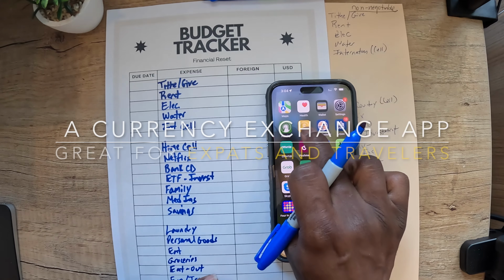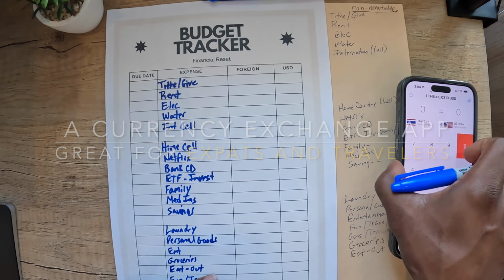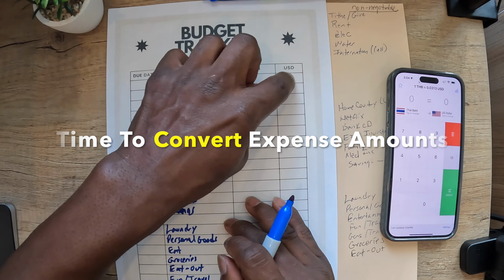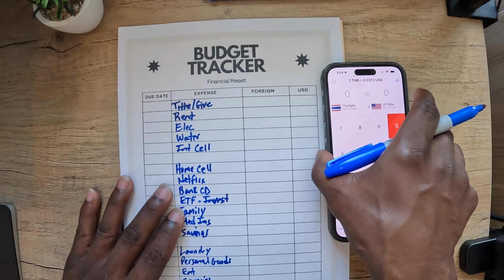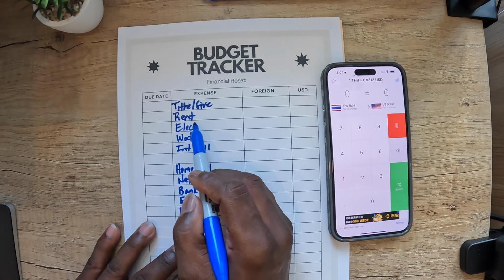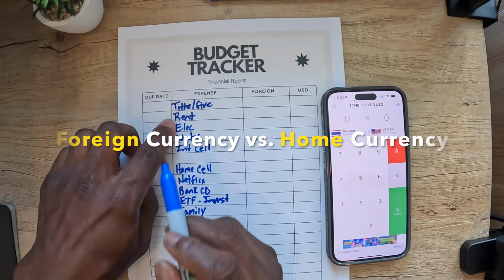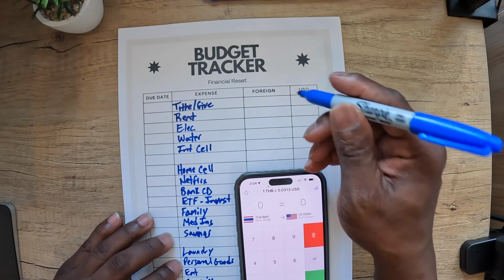At this point, I turn my attention to the currency exchange app, which helps me stay focused on what I'm spending in the foreign currency amount versus my home currency. Technically, I start with tithing and giving, but since that's subjective, I'll start with rent. There are many ranges for rent amounts when living abroad, just like anywhere else.